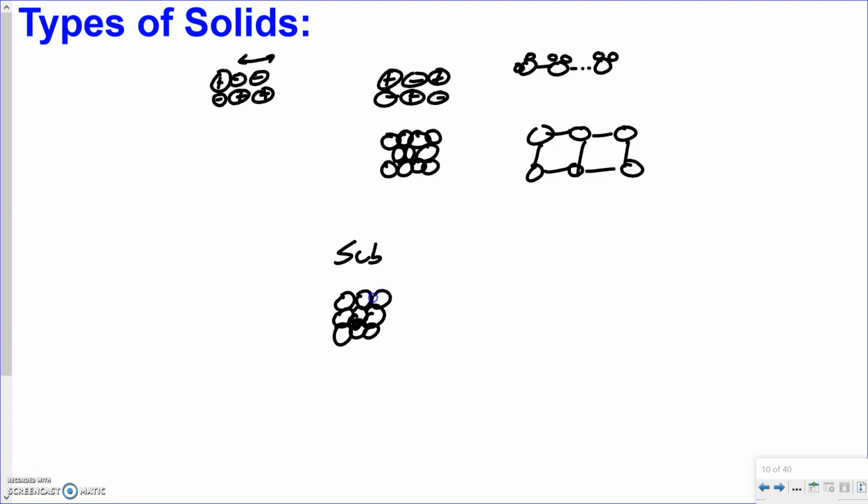You have picture A, which is a little bit of a mess, or you have picture B, where what I'm drawing in are smaller atoms filling in the spaces. So which one makes a substitutional? Well, this guy. So what is this one? It's our interstitial. So you might be asked to identify them based off of that as well.